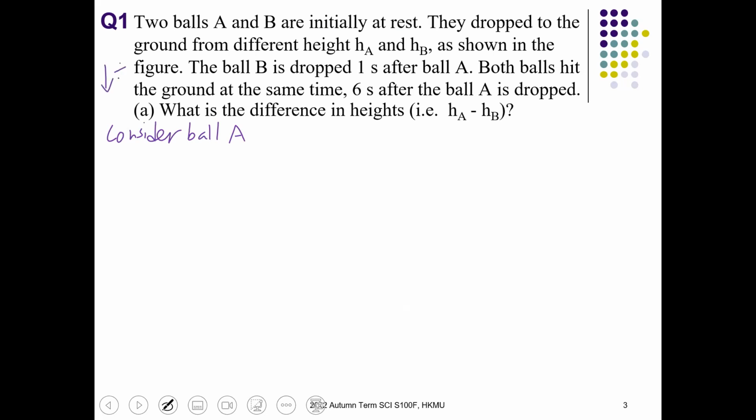For simplicity, the positive direction follows the movement of the ball, that is, vertically downward is positive. We need to find the height, which refers to the displacement of the ball from the initial position to the ground. To find the displacement, the only equation we can use is S equals UT plus half AT squared.